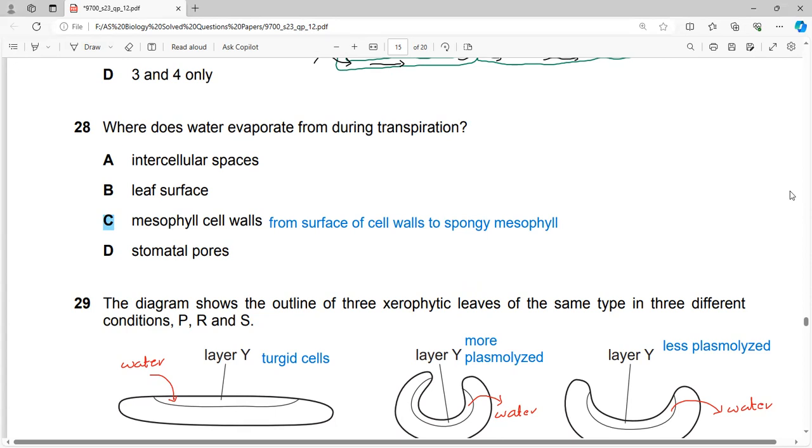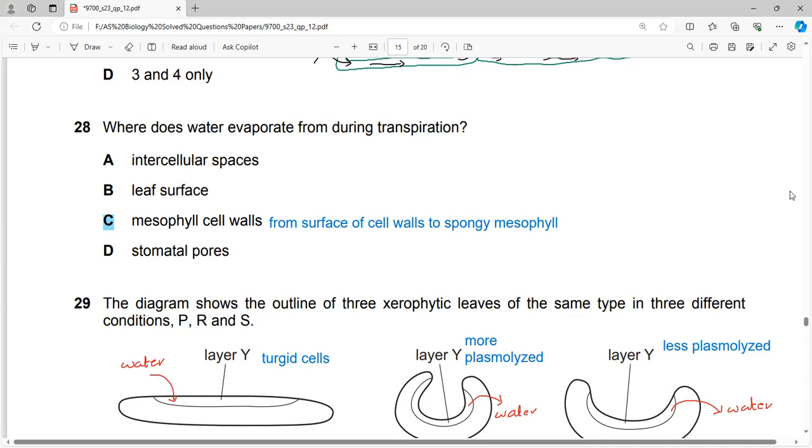But when water moves from the cytoplasm to outside of the cell, onto the cell wall, and then from the cell wall to the spongy mesophyll free spaces, this movement is evaporation. So that's called evaporation. If the water moves from the spongy mesophyll free spaces to outside of the leaf, this is called transpiration.